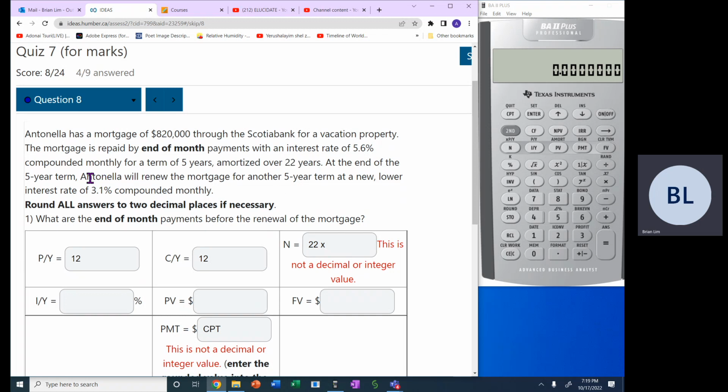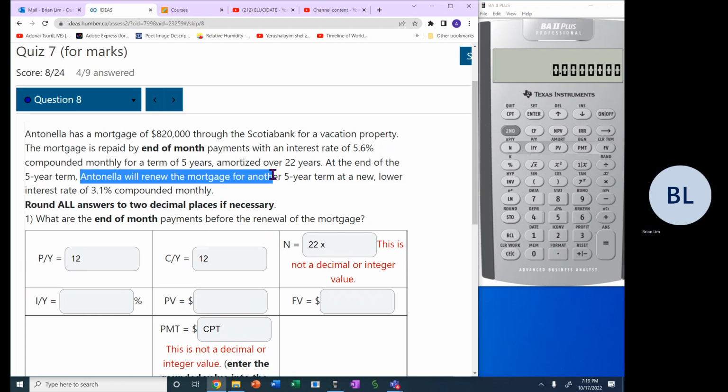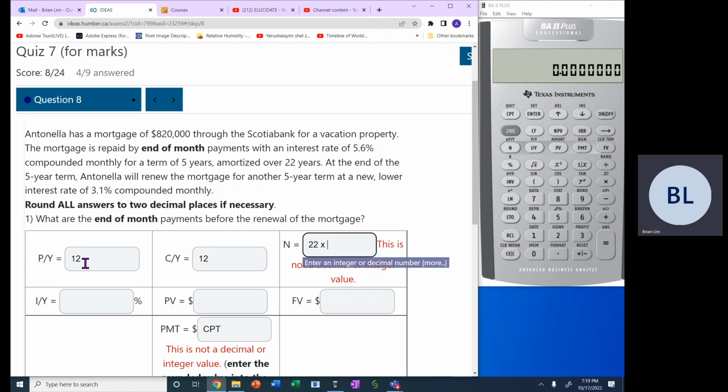Antonella will renew the mortgage after 5 years, right? So for another 5-year term. So N will be 22 times this number right here. If you do it manually, you could do that in your calculator and come out with a number, right? I think the number will be 264, but we will check that with the calculator.